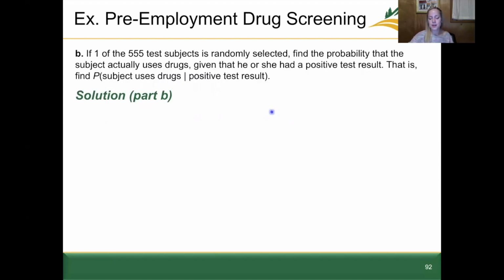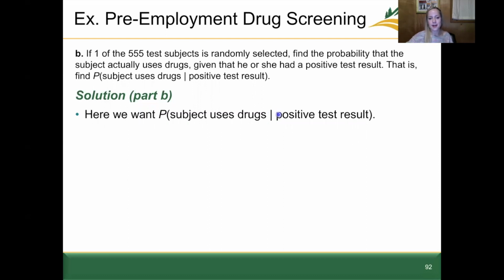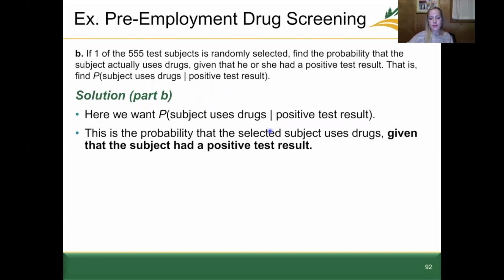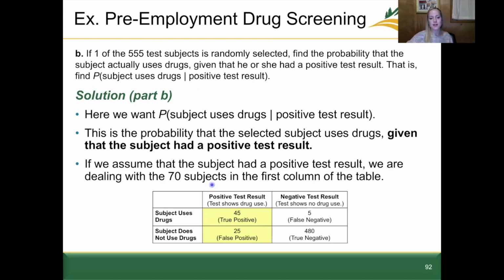Let's solve for part B. Here we already figured out the notation. Describing this with words now, this is the probability that the selected subject uses drugs given that the subject had a positive test result. If we apply the intuitive approach, then if we're assuming that the subject had a positive test result, we're going to deal with just the 70 subjects that are in this first column of the table.